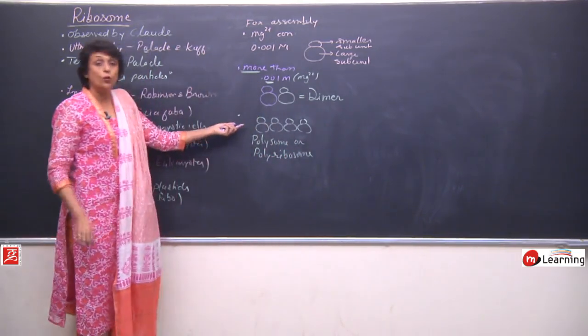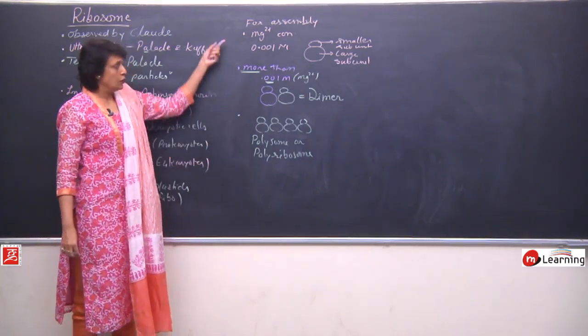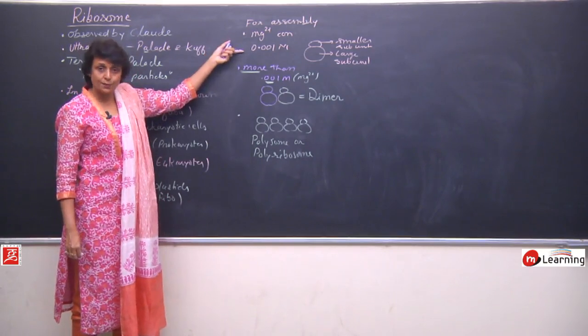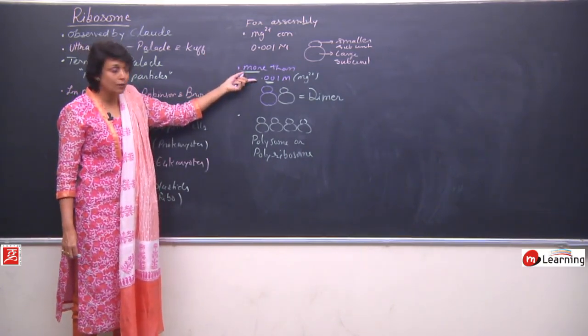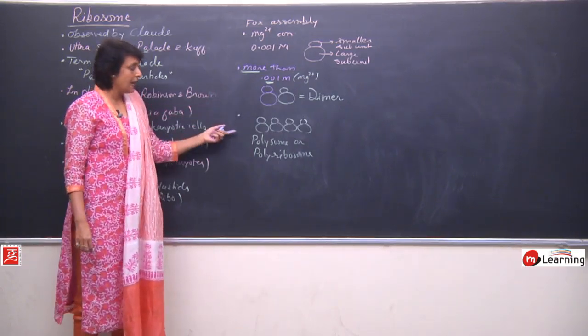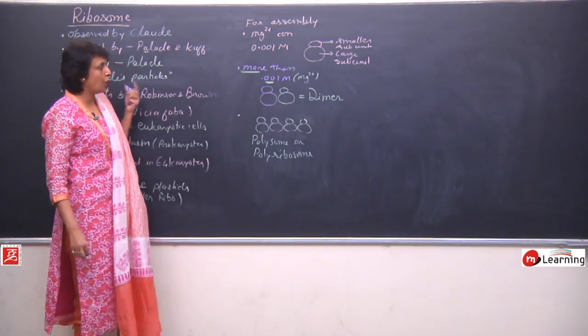This is formed only when multiple polypeptides are to be synthesized. So we have seen how assembly takes place. If the concentration of magnesium ion is a little more, we will get a dimer, and a polysome or polyribosome can also be formed.